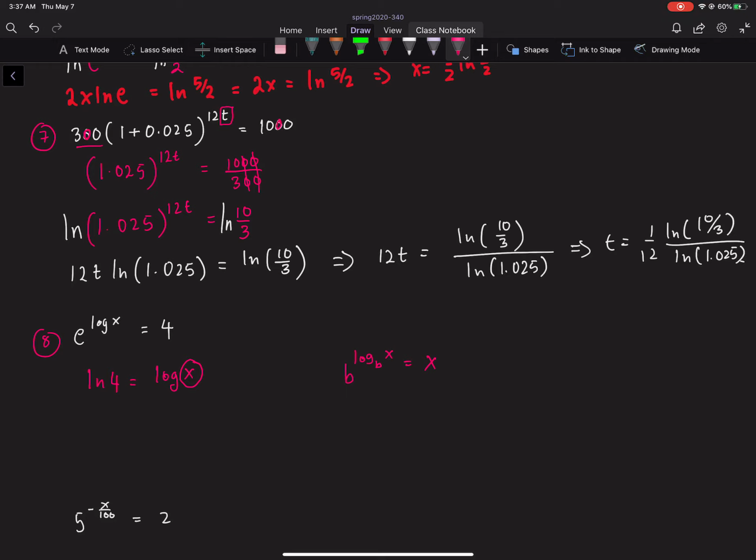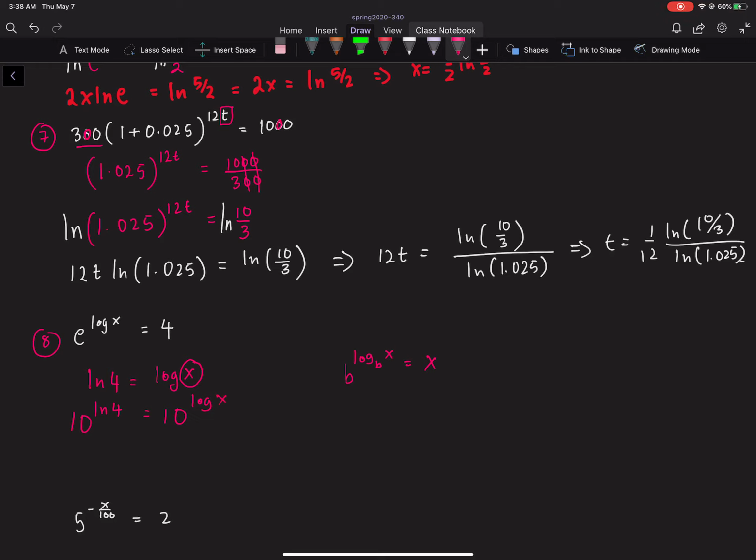What I want to do is raise each of the expressions into base what? Into base 10, because I'm dealing with a common log. So I'm going to raise the left side to 10 to the ln 4 and raise the one on the right to 10 to the log x.